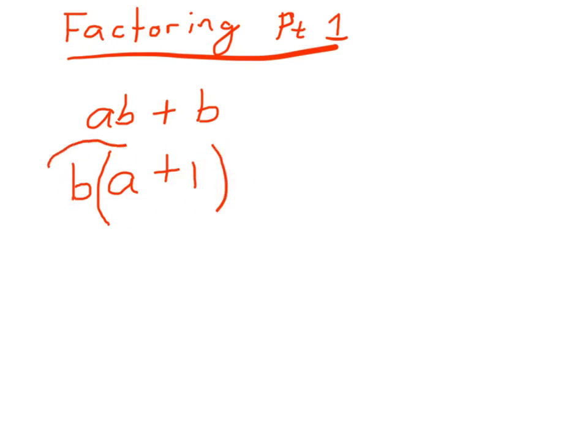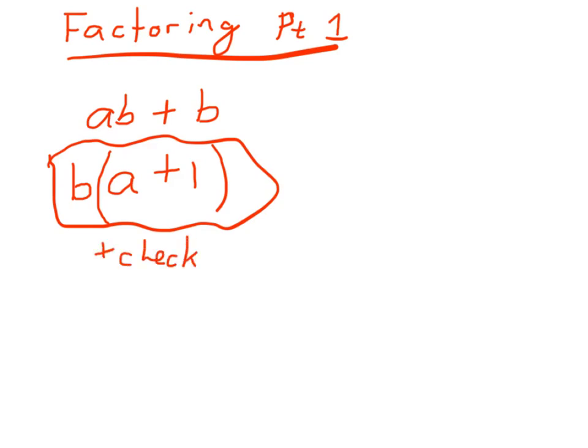Now to check your work, what you could do is actually distribute. To check, you would distribute it back in. So what you would end up taking is B times A and B times 1.